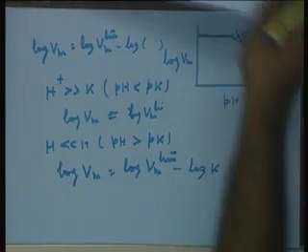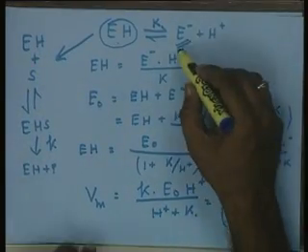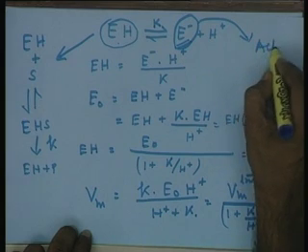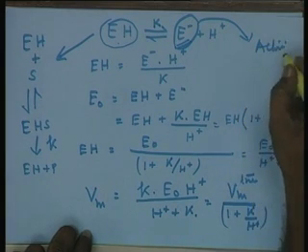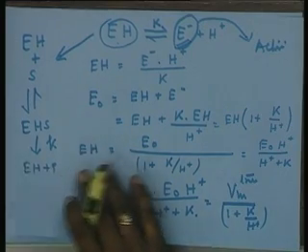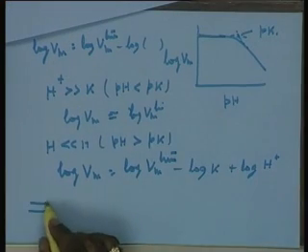On the other hand, consider the other alternative, that instead of EH, E minus, the negatively charged enzyme, is the active form. In that case the analysis will be identical, but the rate profile will be different.